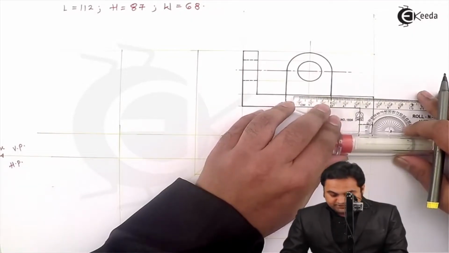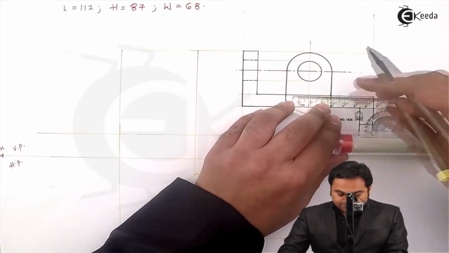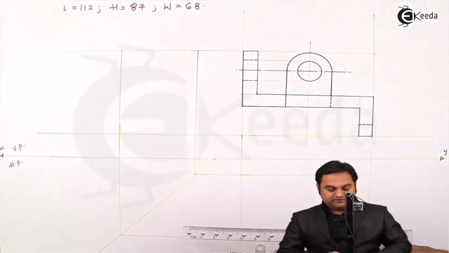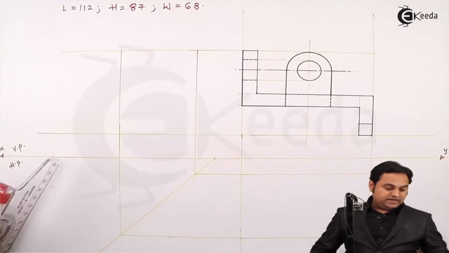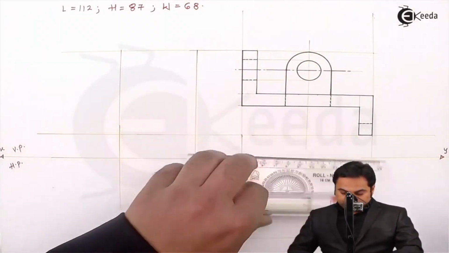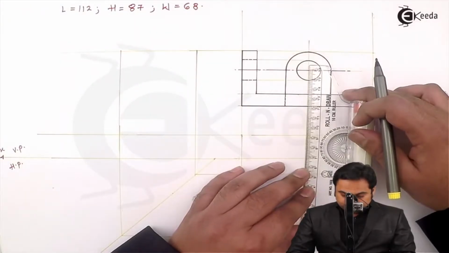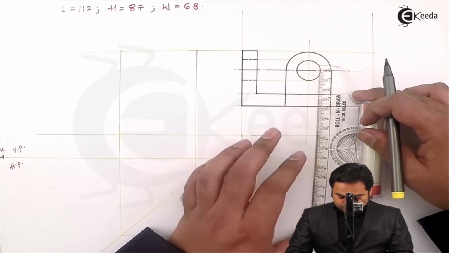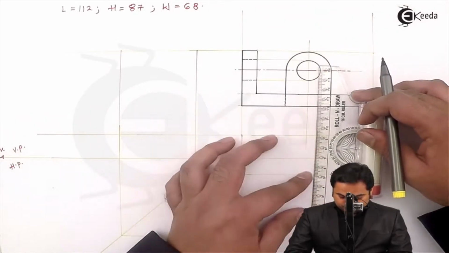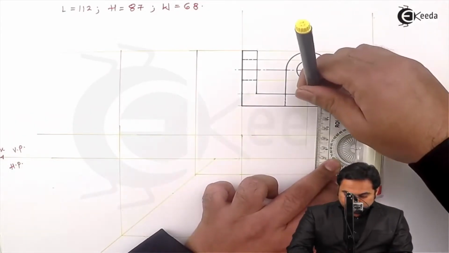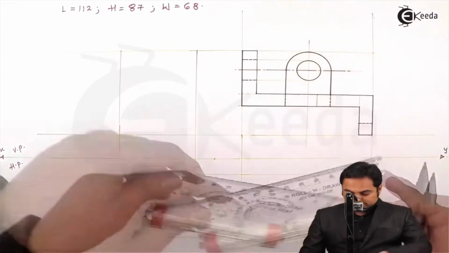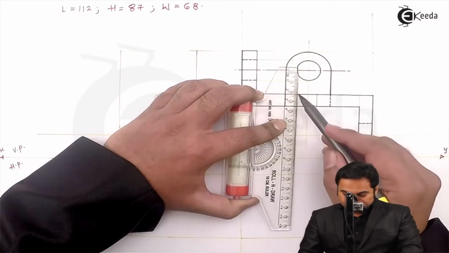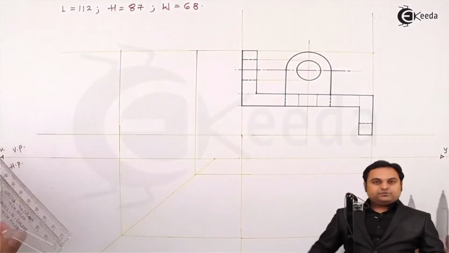So I'm measuring 8 mm on one side, 8 mm on the other side. That gives me the length 16 mm. Projecting it light. Now it has to be hidden.